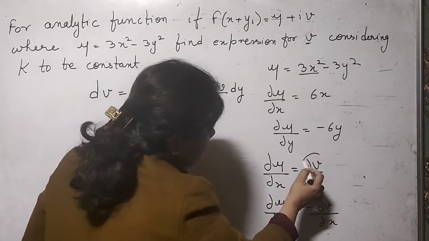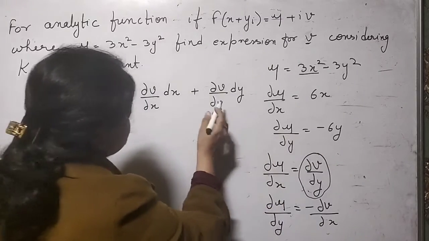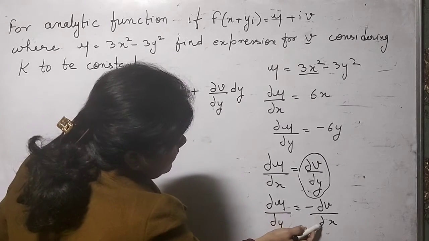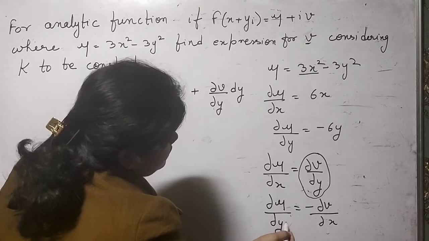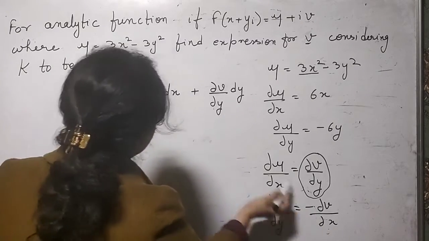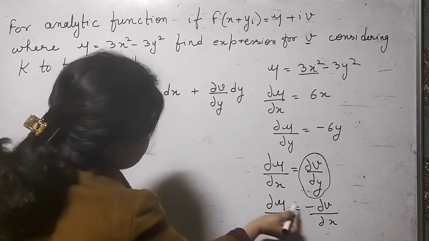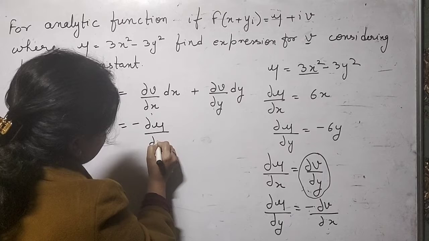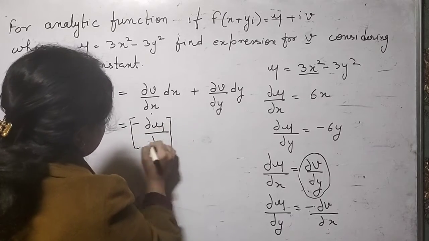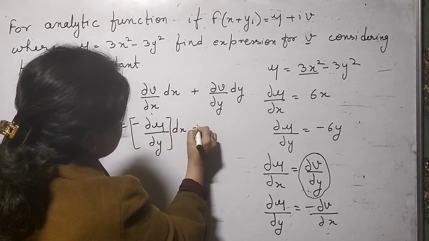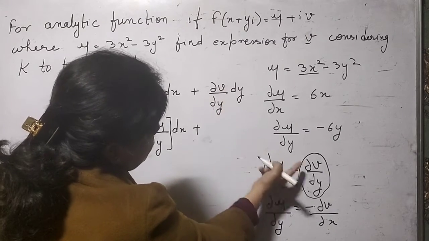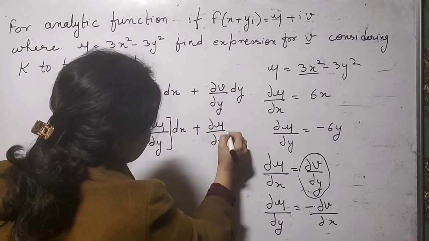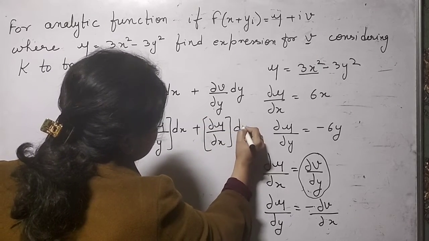So in place of dv by dx, we can write minus du over dy, so we write it as minus delta u over delta y into dx plus, in place of delta v by delta y, we can write delta u over delta x into dy.